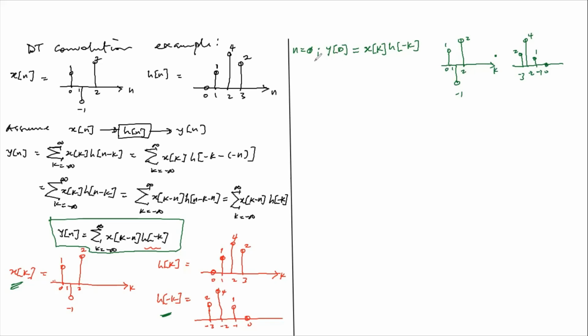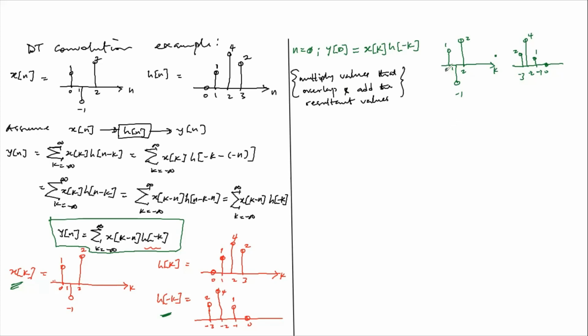So what we want to do is multiply values that overlap, and as well add the resultant values. Okay, so that's what I want to do.